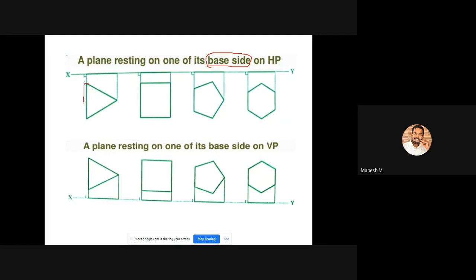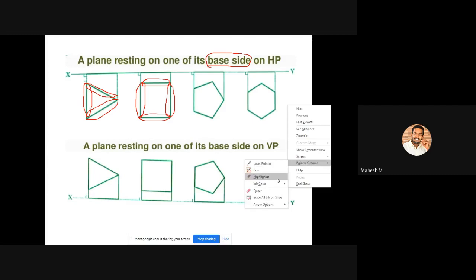This one is our edge, this is the second edge, and this one is the third edge. For a square, you have four edges: 1, 2, 3, and 4. For a pentagon, you have 5 edges. For a hexagon, you have 6 edges.